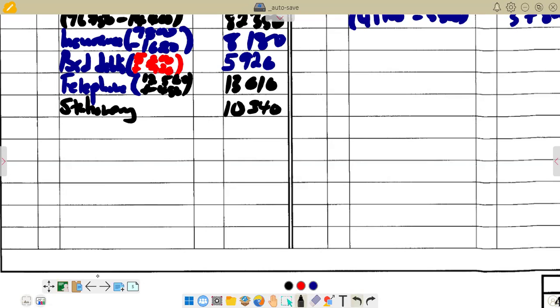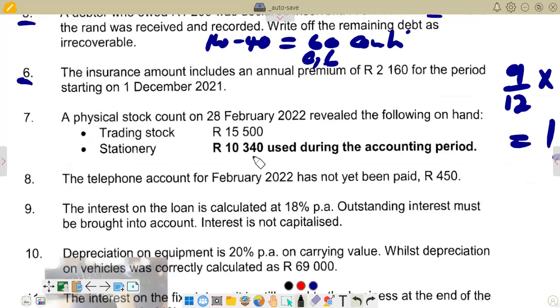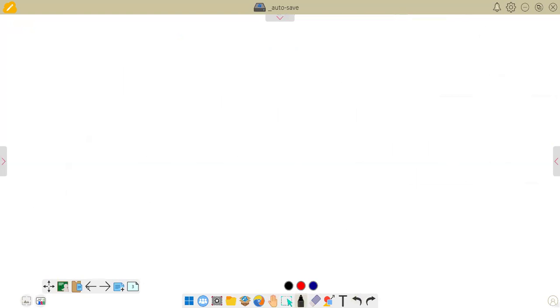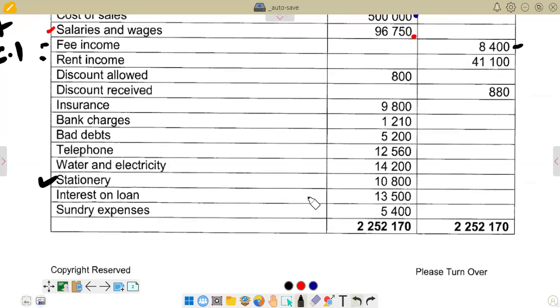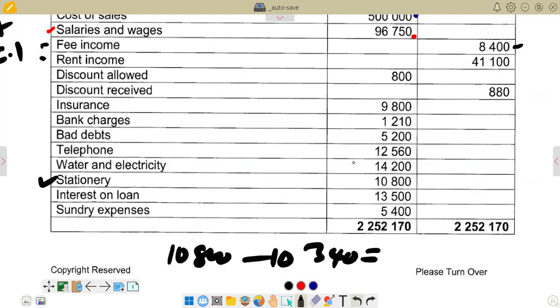But then we can try to calculate how we arrived at 10,340. If you go back to the additional information, you would see that this one was the one that was used, and the one that was bought, we get it on the list of balances. The one that was bought is here, 10,800, and we used 10,340. So it means the remainder is the one that is remaining at the end of the year. If you subtract that, you are going to get 460.